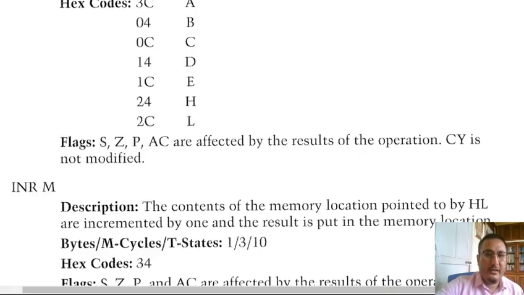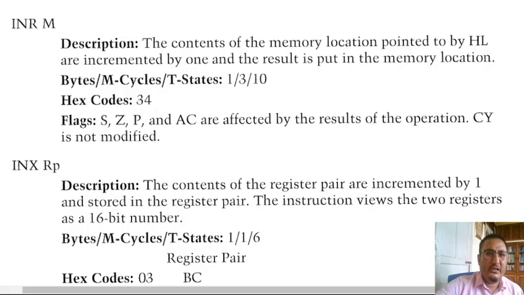Now, the next instruction that we're going to study is INR M. On execution, the INR M instruction is capable of incrementing the content of the memory location pointed to by the HL pair by 1.